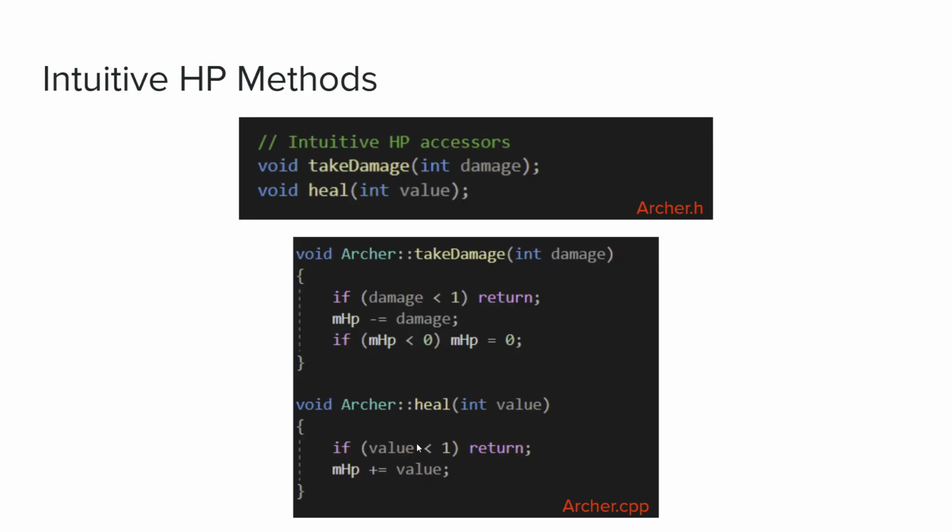Same thing with heal. Maybe just to make sure the heal is not negative, we have a check if value is less than 1. Return if it is. And if it's not, we add the value into the HP. Clear? Is this clear?